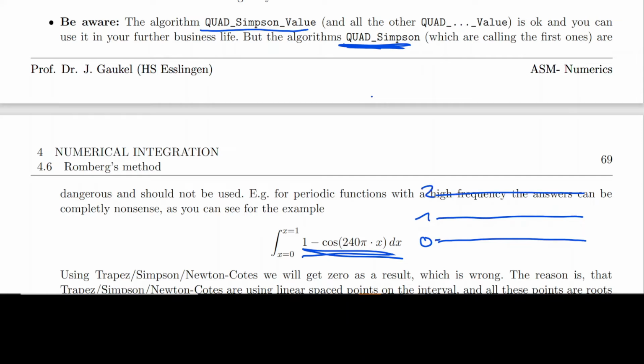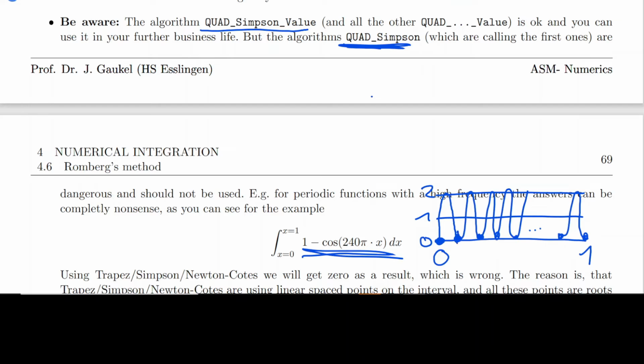This function starts with the value 0, and then 1 of that, and then we have one period later again a 0, and then again we have zeros here, and so on, and in the end we are here, and that is position 1, this was position 0. And how many oscillations do we have? In this case we have 120 oscillations.